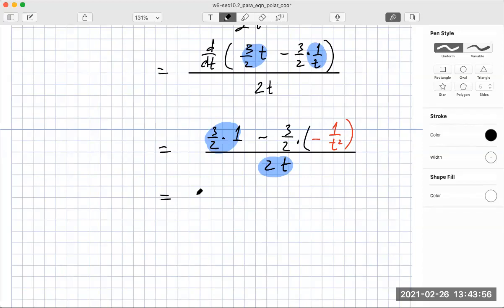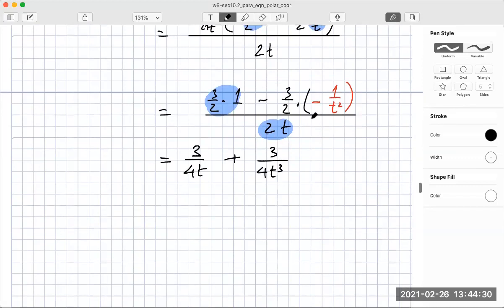What is it? Yes, 3/4t. And this one, it's up to you, there are many ways. Minus will give us plus. Here, this will be 3/4t cubed, right?